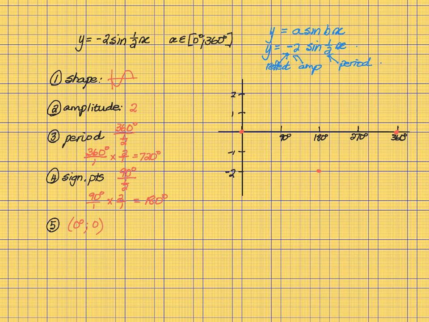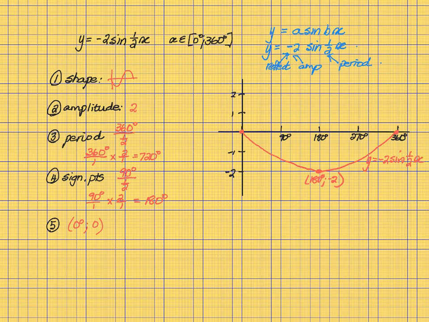Draw that. Here's a turning point. It's at 180 degrees and -2. And you've got the graph of y is equal to -2 sine half x.